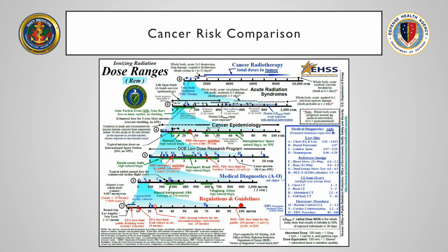So the top two are where you would see acute radiation effects. So erythema, acute radiation sickness, GI syndrome. The next one I didn't find too important to go over in this discussion. The next one is important because that shows where the occupational exposure limit falls for a worker that's working with ionizing radiation by regulation with the Nuclear Regulatory Commission.